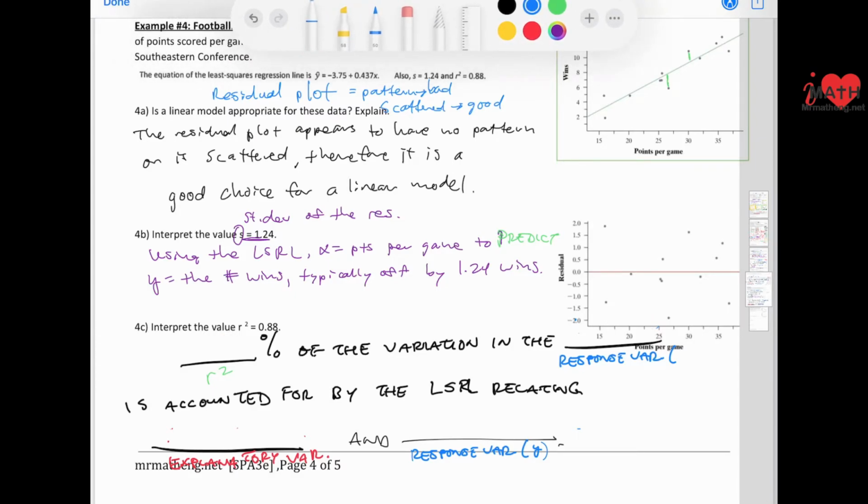Our R squared is 0.88. So what percent is that? That's 88%. Remember, multiply that by 100. Of the variation in the, what is my y variable? It told us above, and you can look up here, the variation in the predicted wins, or just wins, is accounted for by the least squares regression line relating the wins and what was the x-axis, points per game.